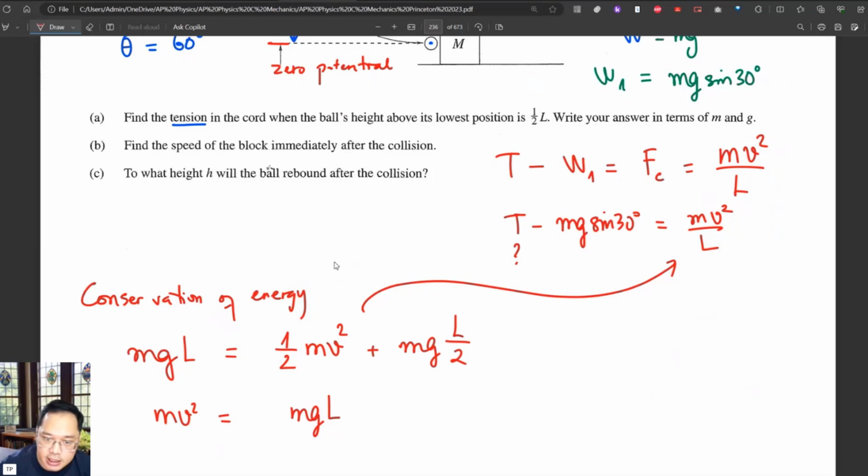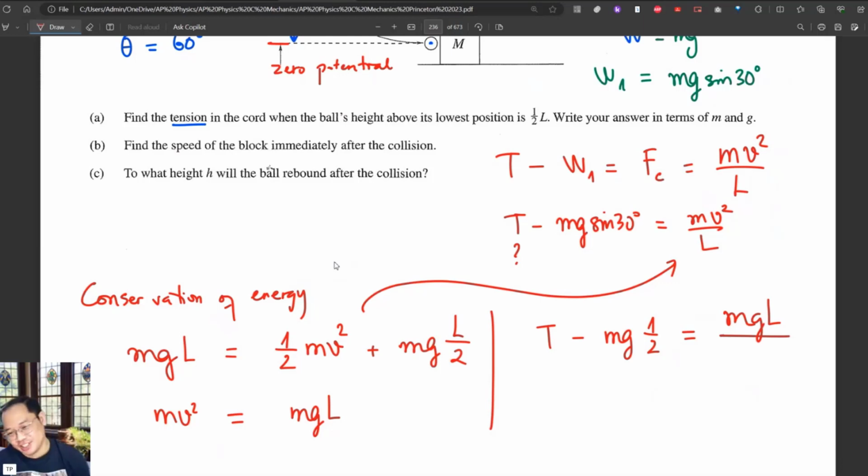Now replacing it here, we have T minus mg sine of 30 degrees, which is 1/2, equal to mv squared over L, which is mgL over L. Simplifying, the tension is mg plus half mg.